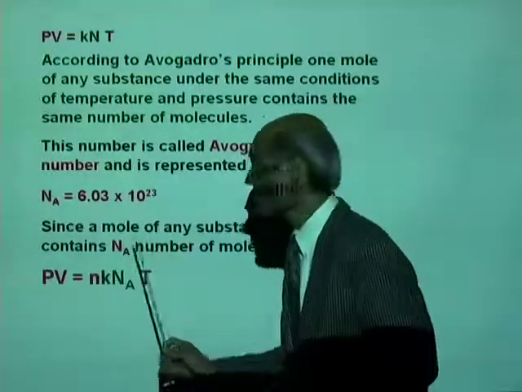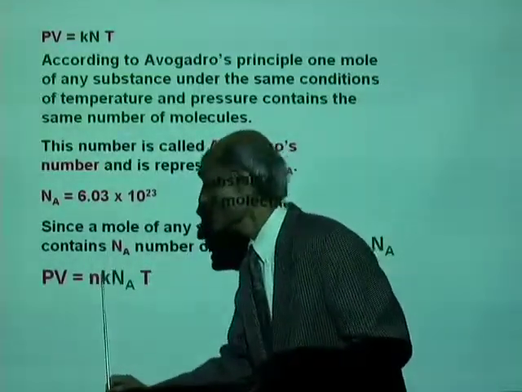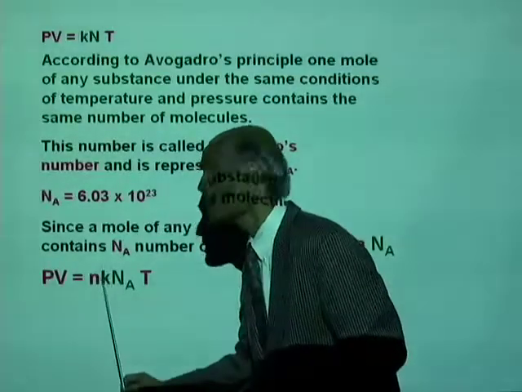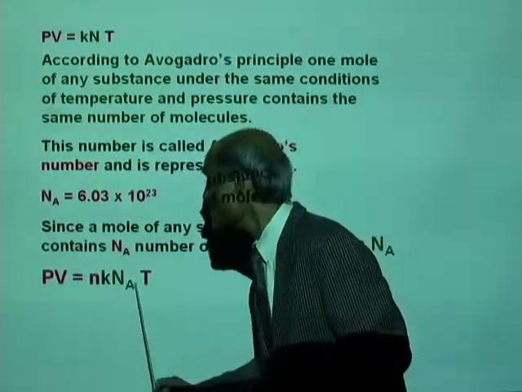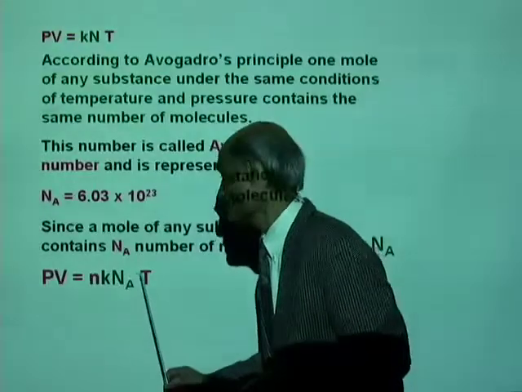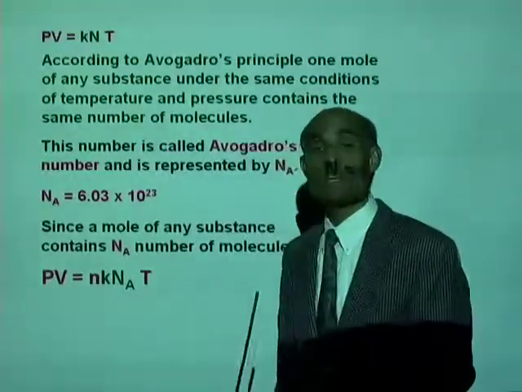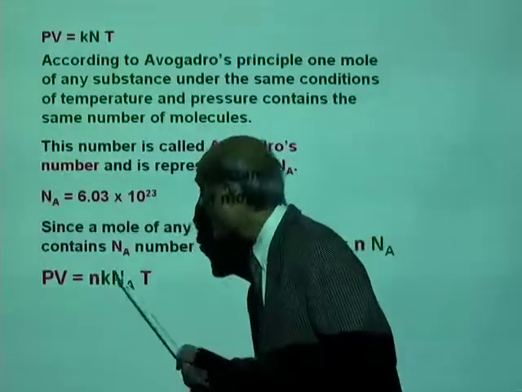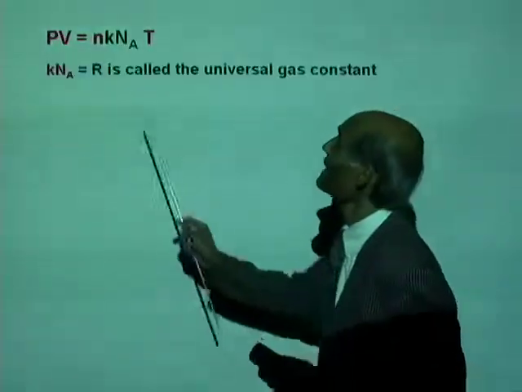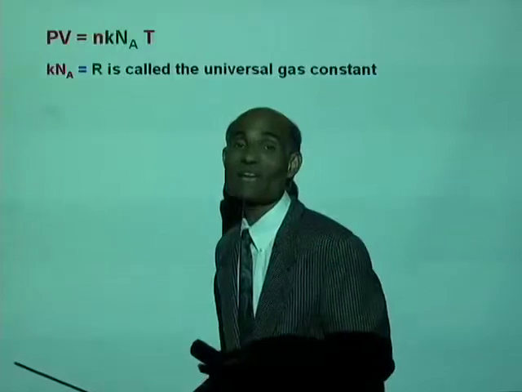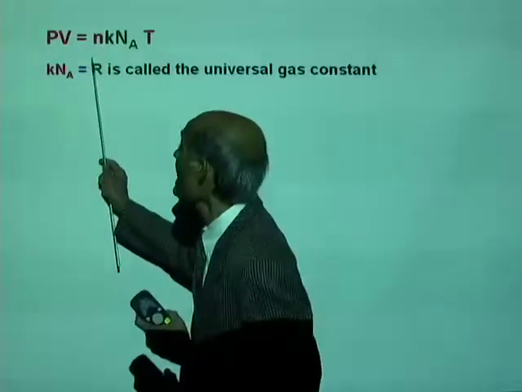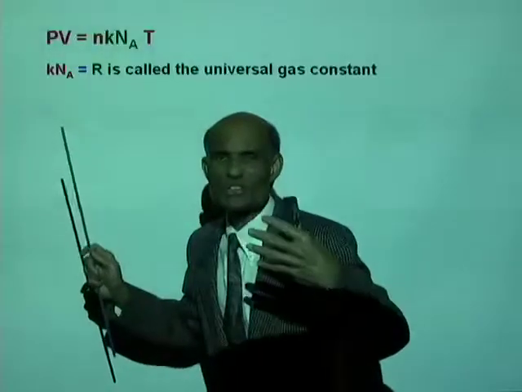nkNaT. Alright, what are these quantities? n is the number of moles, k is the Boltzmann constant, Na is Avogadro's number, and T is the Kelvin temperature. Now, this quantity k times Na has got a great significance. k times Na is a great constant.